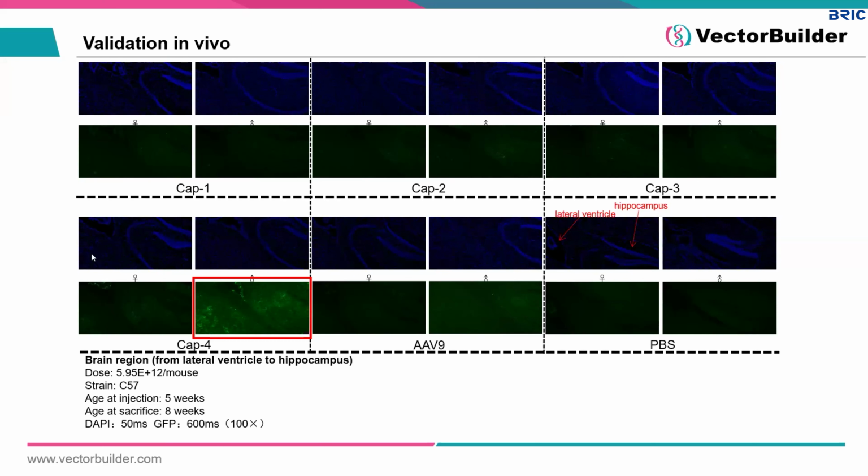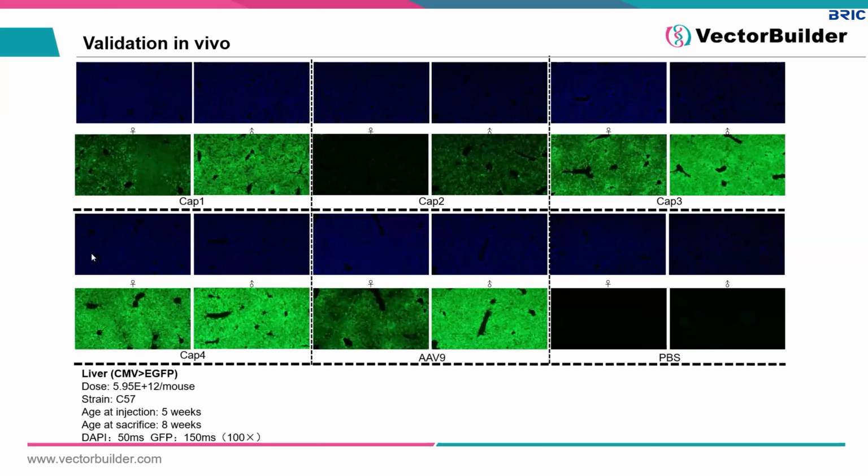This mutant has demonstrated a better BBB penetration capability to let the AAV transduce the brain tissues successfully and give us a better observation of the EGFP signals.